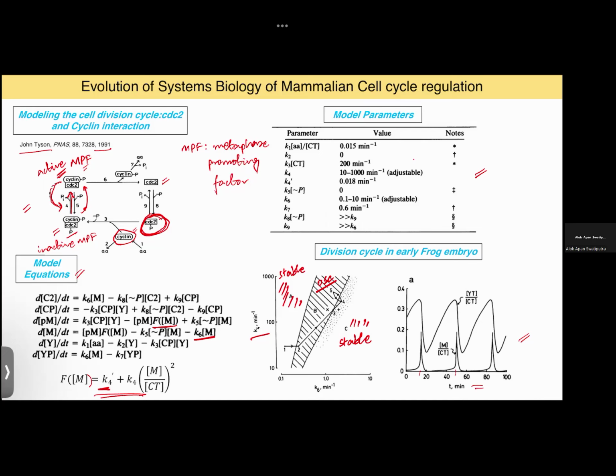And this agreed well with experiments because for this particular system, which is the early frog embryo, so you extract the embryo in the early stage from the frog, and in those cases, the cell cycle duration is roughly 30 to 40 minutes. So that model.